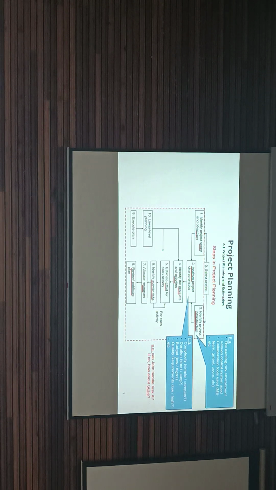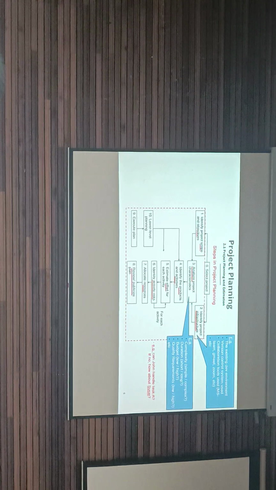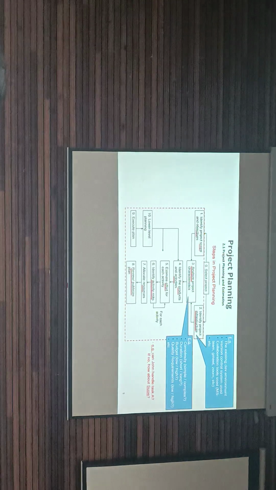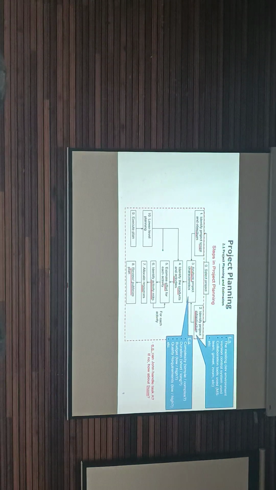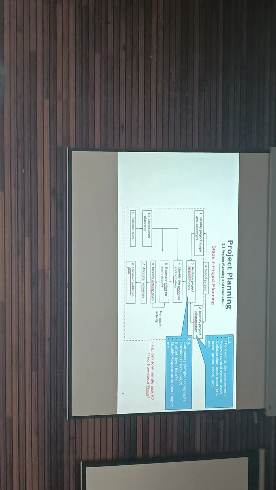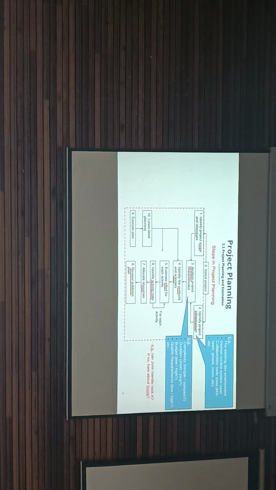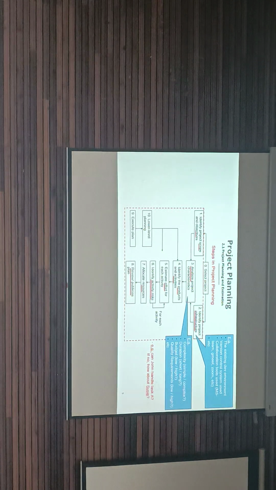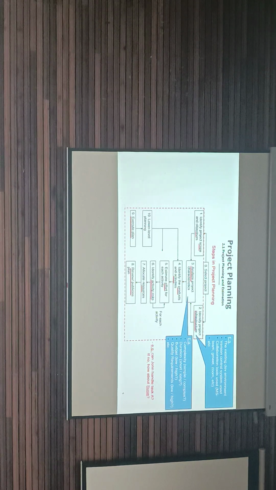You let the team members know this is the project plan. Publish is to let team members or stakeholders know what you have planned. You do a plan, it's not for yourself. No point keeping it to yourself. Publish it, let team members know, or perhaps let all the stakeholders know. Execute what you have planned.